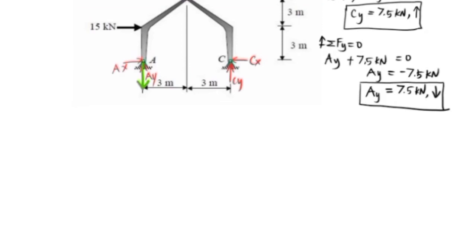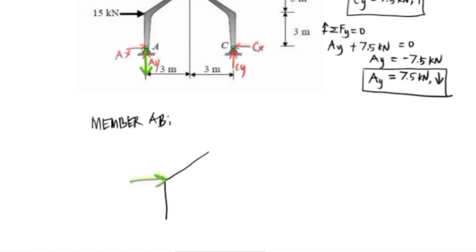Next thing na gagawin natin is to separate the member AB from the member BC. So magkakaroon tayo ng dalawang free body diagram. So for the member AB, dito mayroon tayong 15 kilonewton na load.